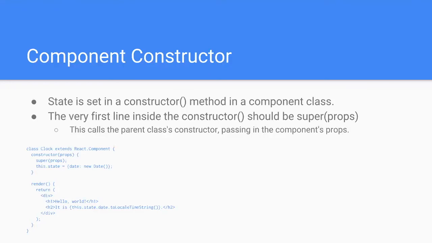We've got our div and an H2 that says it is, and then this.state.date, which references our date up here, and then .toLocaleTimeString, which just converts the date object into a string. So our H2 now will say it is such and such time. That's kind of how we would track state.